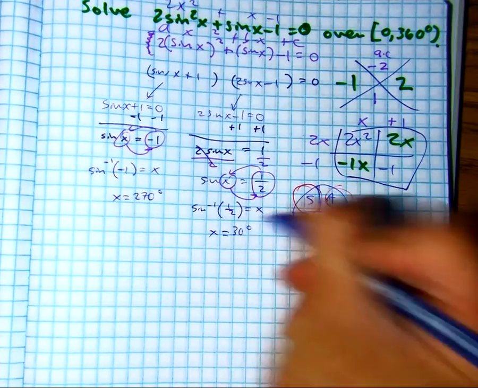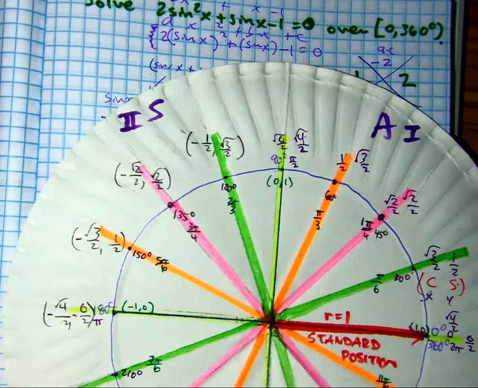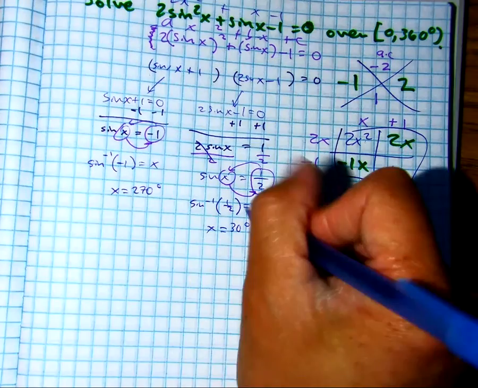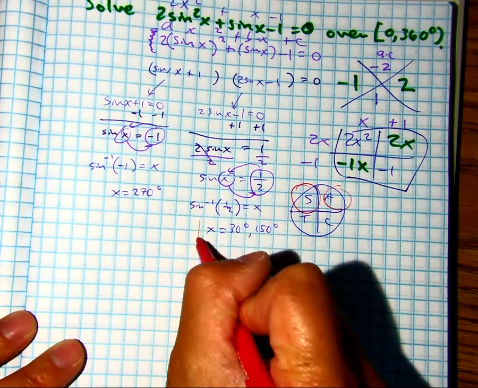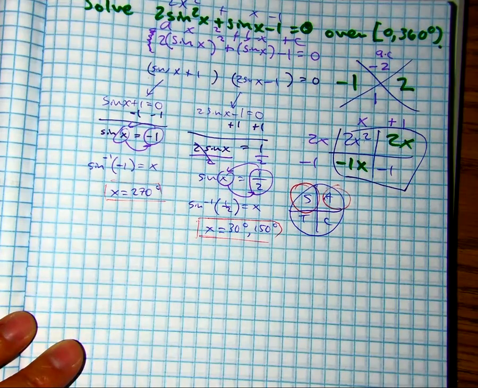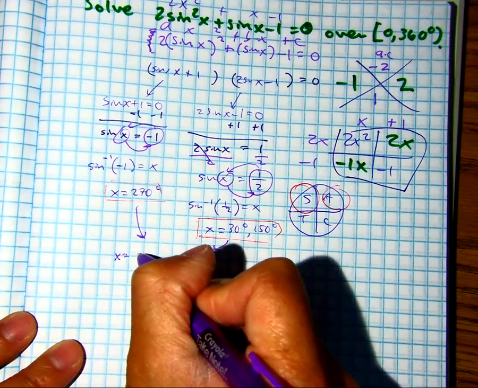And you said 150? So these are our preliminary answers, and you just put them together, least to greatest.